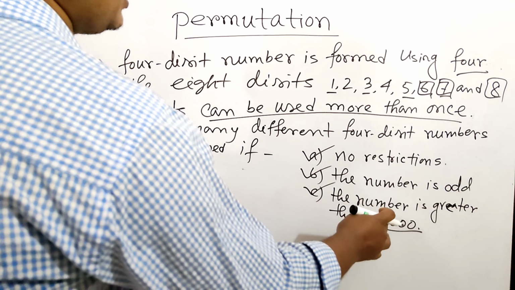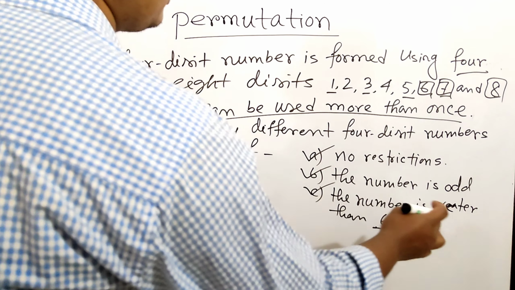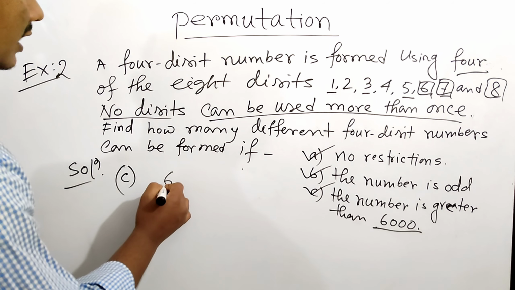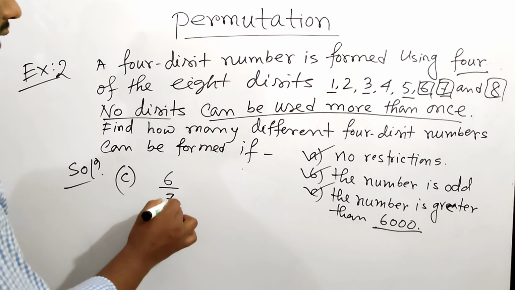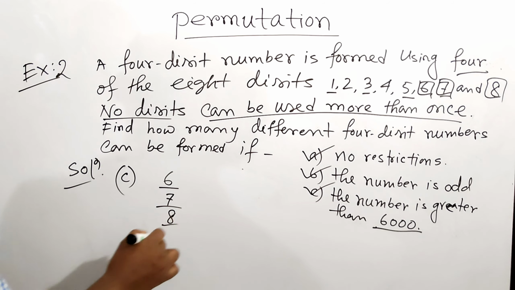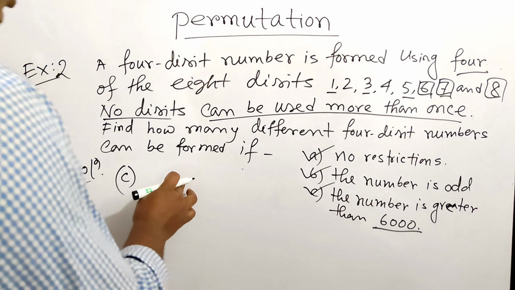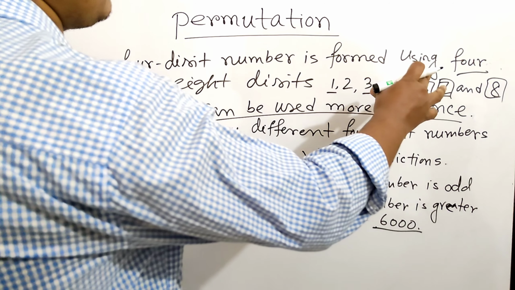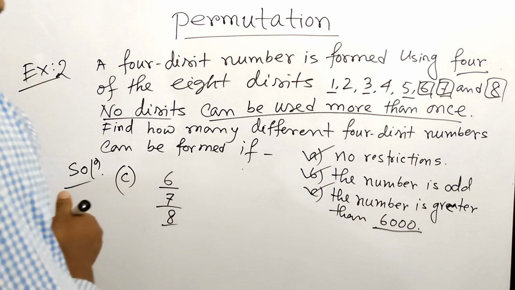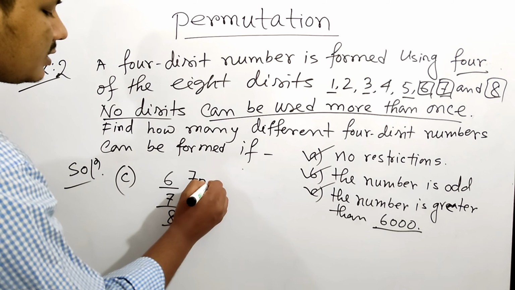So when you make numbers greater than 6000, you must take 6, 7, or 8 at the first position. You need a 4-digit number and have already taken 1, so 7 digits remain, and you take another 3 digits from 7, that is 7P3.